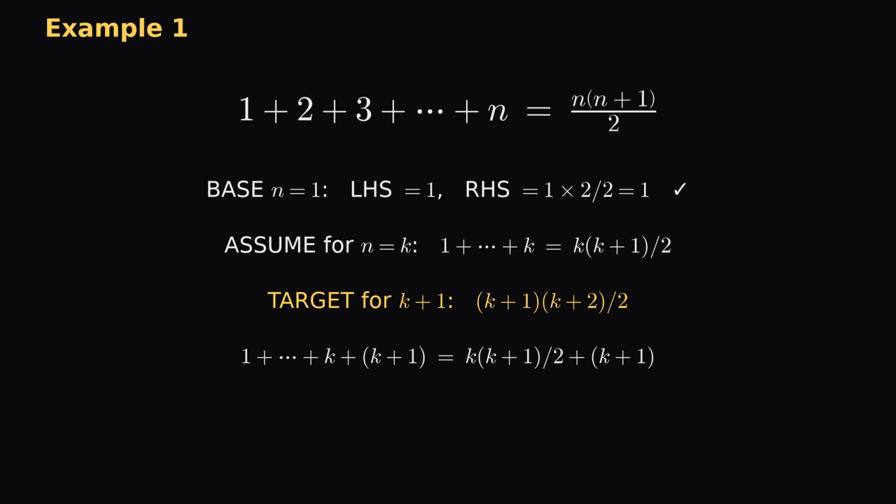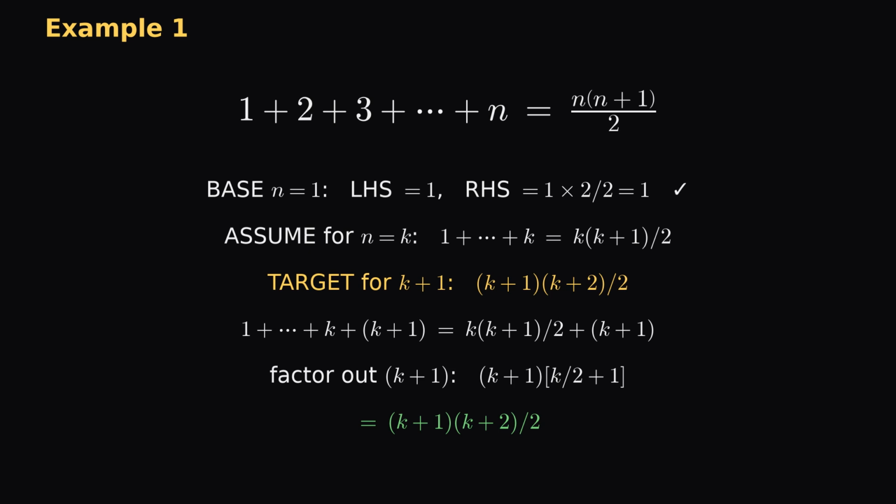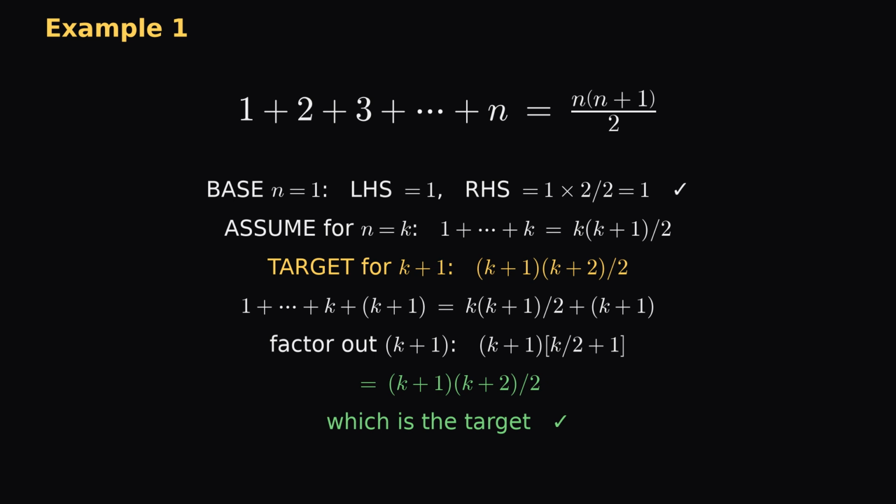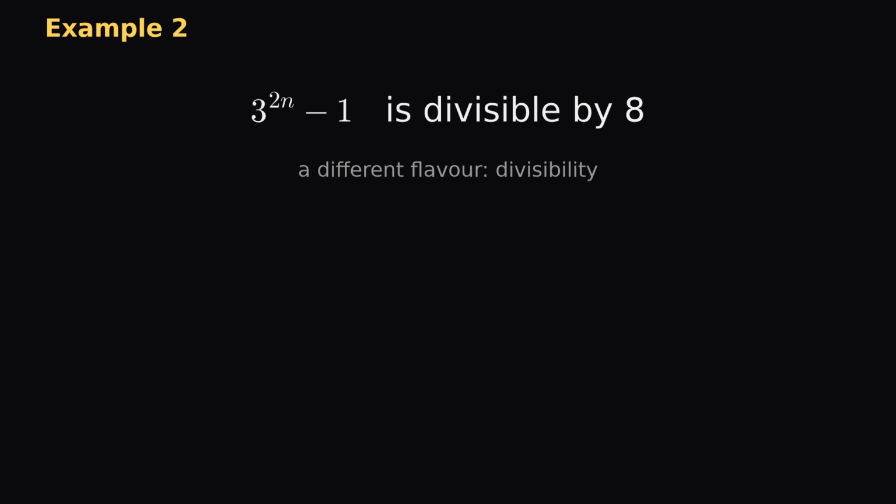That is k times k plus 1 over 2, plus k plus 1. Factor out k plus 1. That gives k plus 1 times k over 2 plus 1, which is k plus 1 times k plus 2 over 2. And that is exactly the target. Then the concluding sentence.